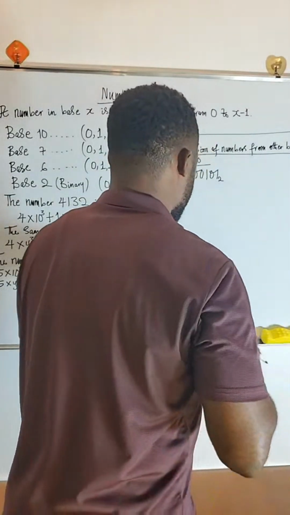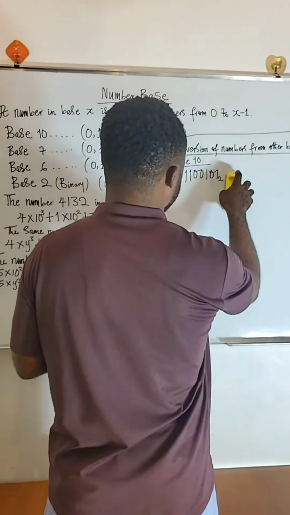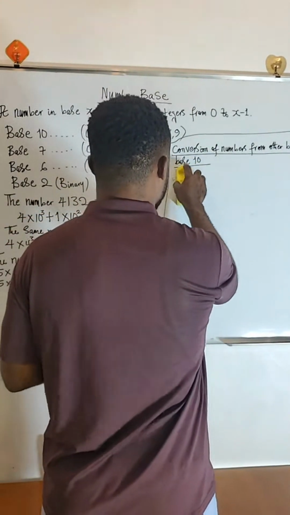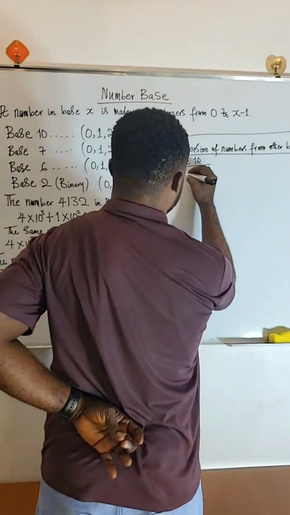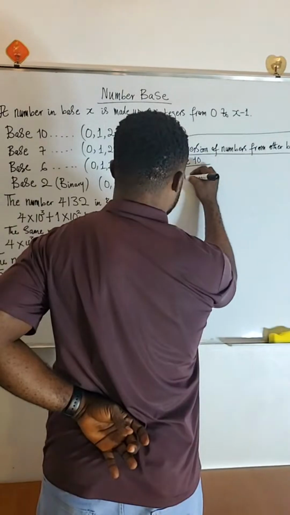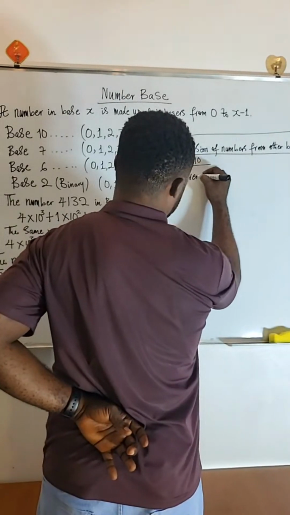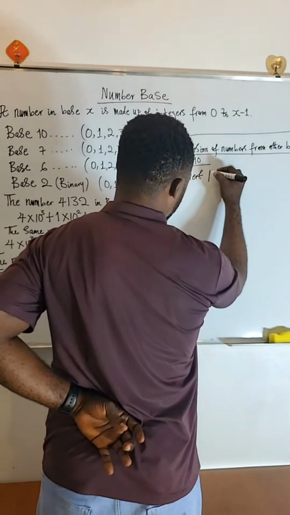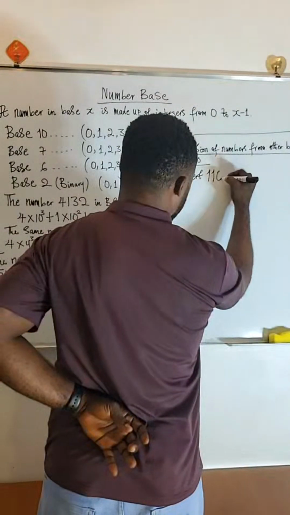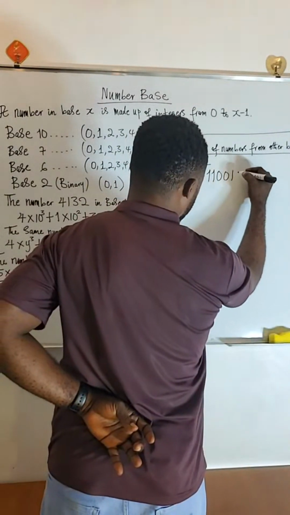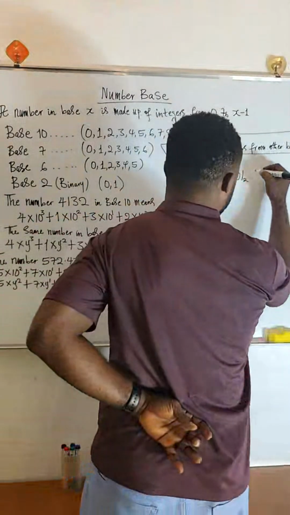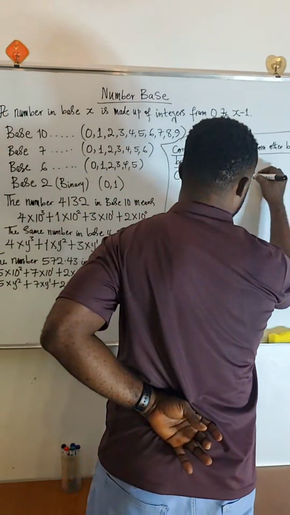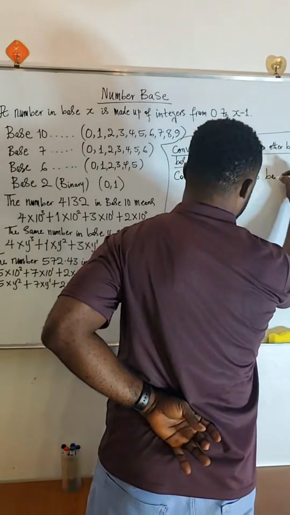All right, or let me put it this way. For example, convert 1100101 in base 2 to base 10.